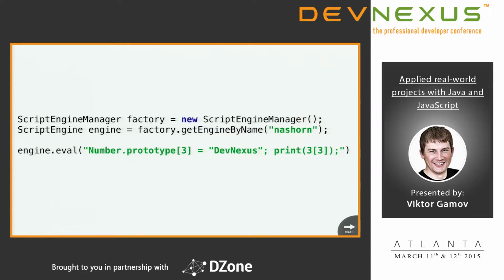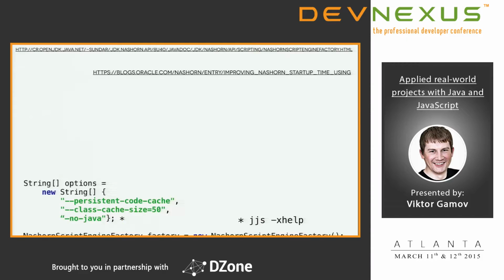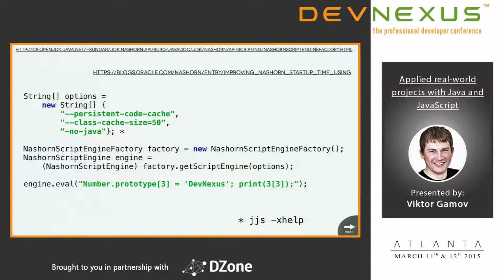Or if you're running Java 6 on a Mac, you will also get AppleScript as an engine. Apple implemented an AppleScript engine compliant with JSR 223. So this is a very standard way to bring very different technologies into the same place.